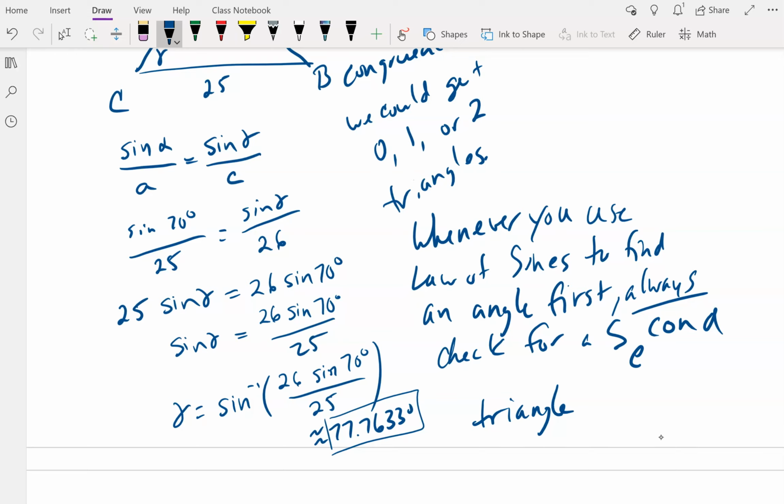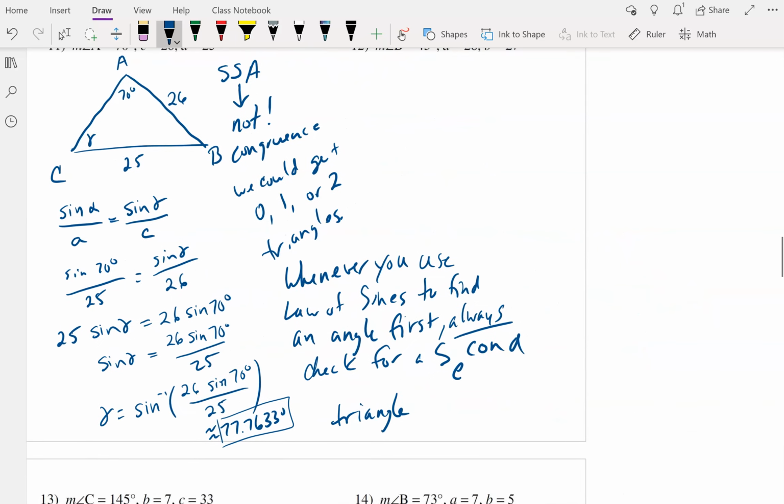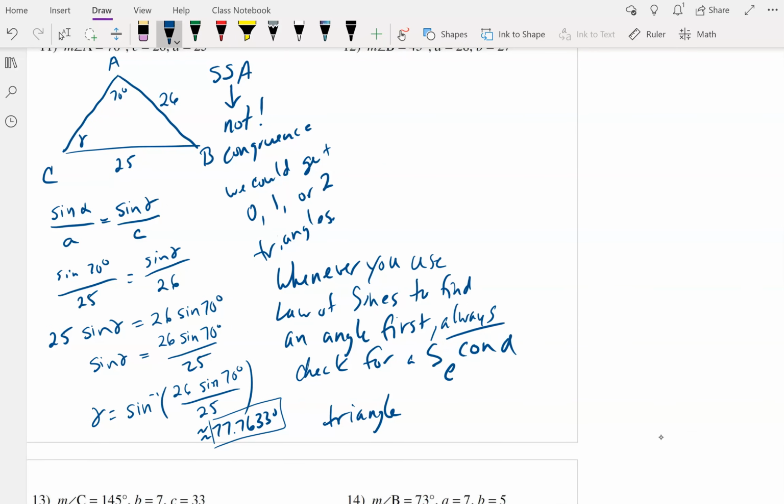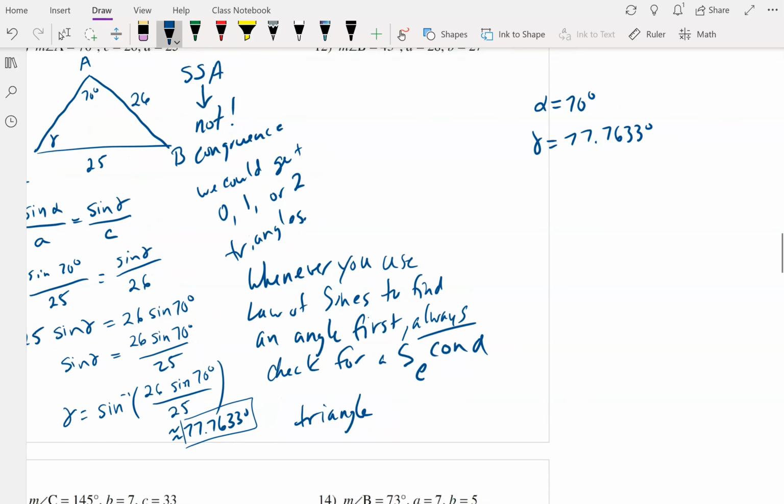So whenever you use the law of sines, you always check for a second triangle. Let's talk about how we check for a second triangle. Let's go back up to what we have. They gave us that alpha was 70 degrees and we found gamma is 77.7633 degrees. From this, we can find beta.